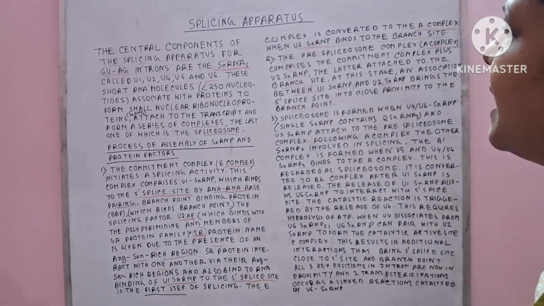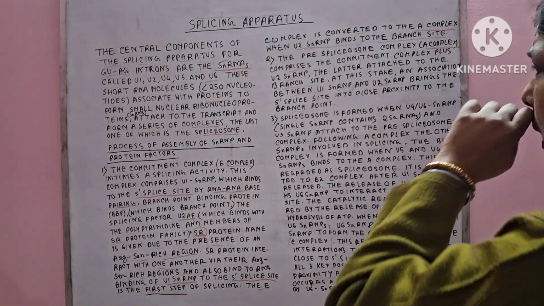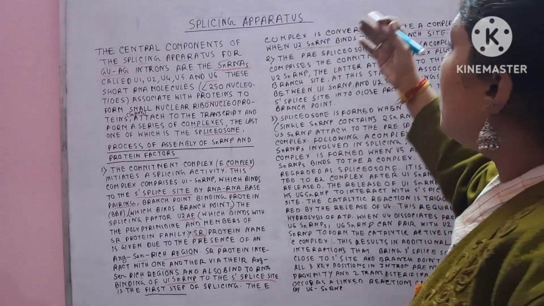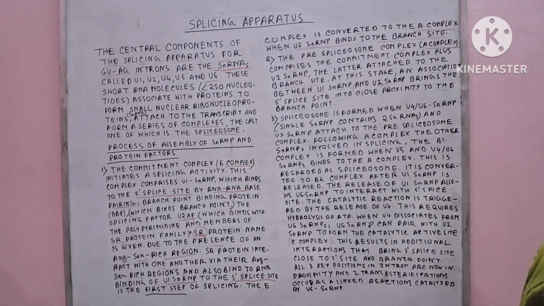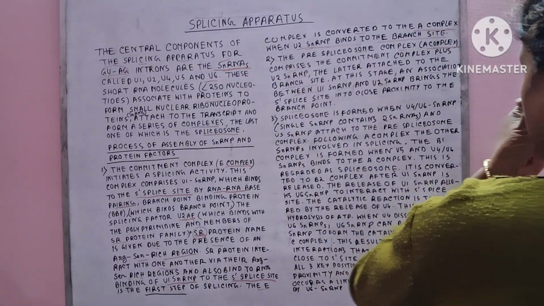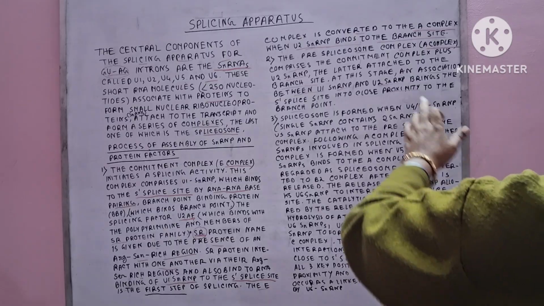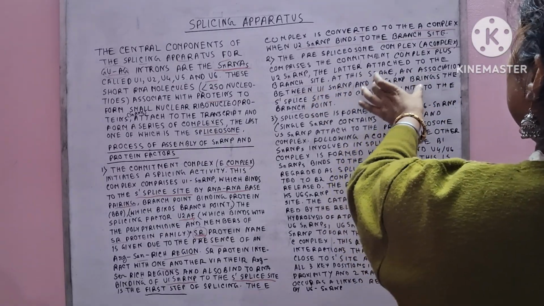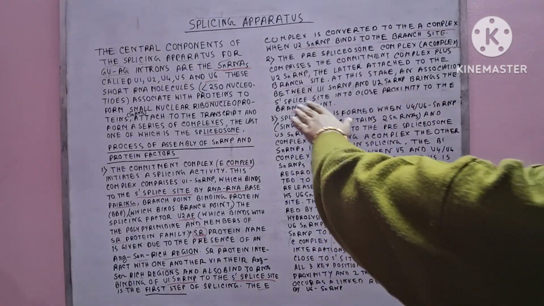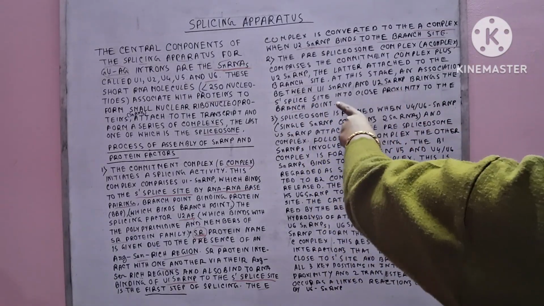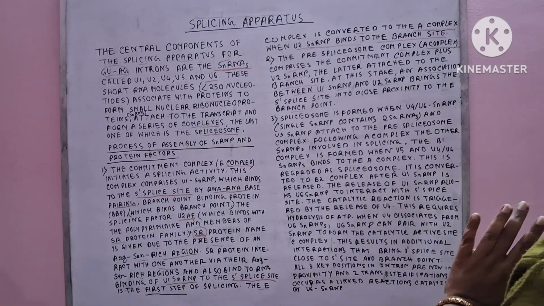So what is it saying? Nothing else, that due to the binding of U1 and U2 snRNP at the branch site, as a result, U1 and U2 bring the 5' splice site into close proximity.